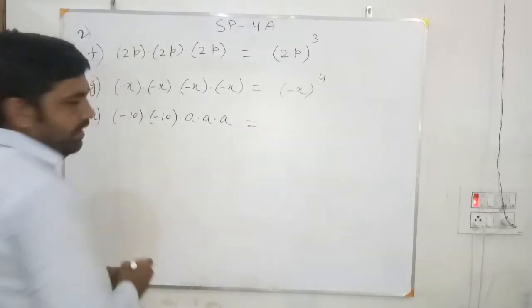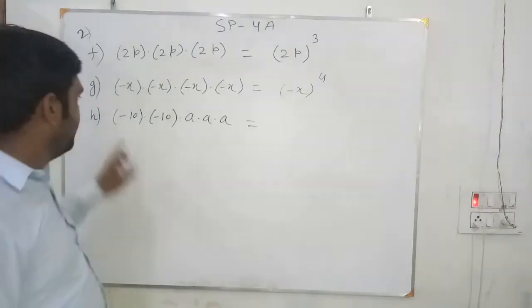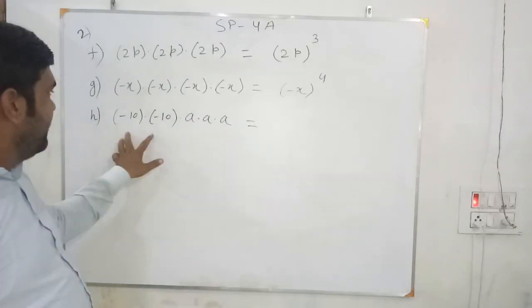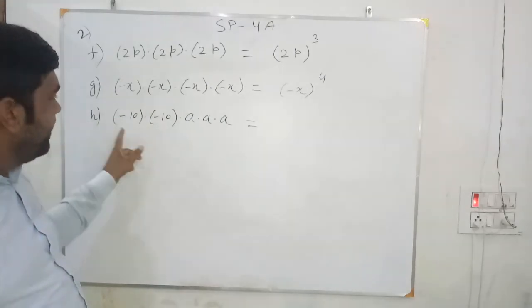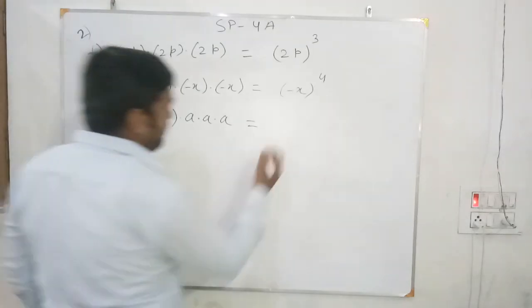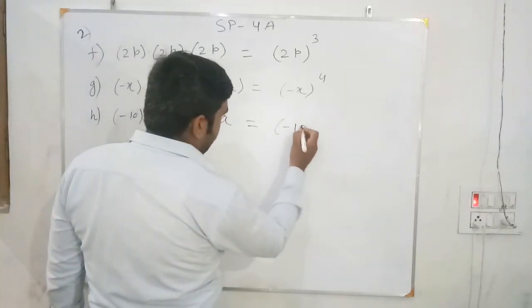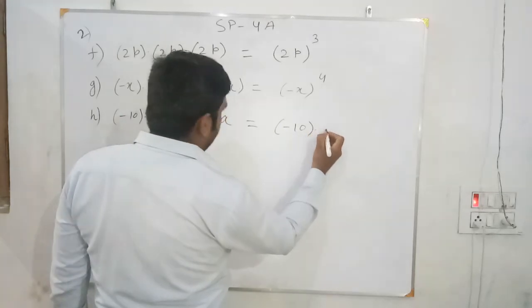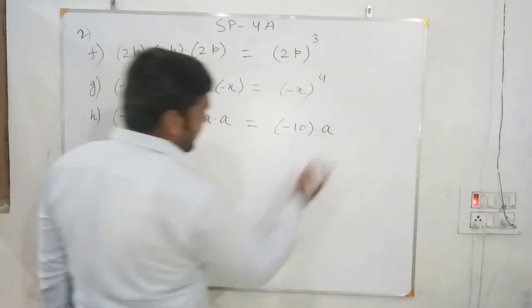Now see, in this question there are 2 different bases: one is minus 10 and the other base is a. Minus 10 is multiplied by itself 2 times.